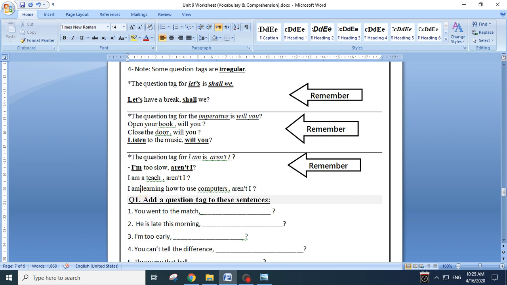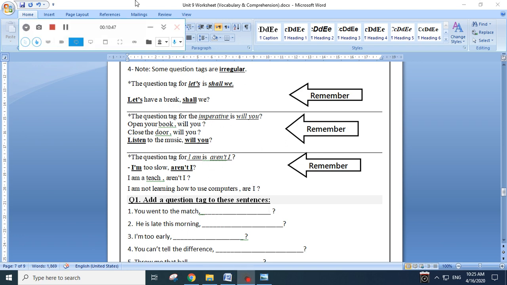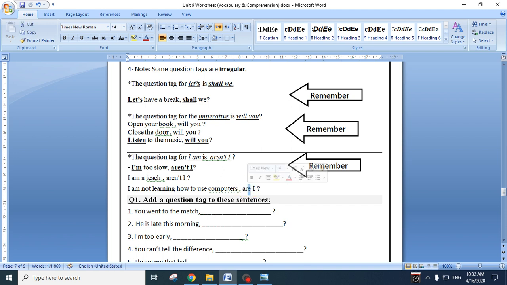So if it is I'm not learning how to use computers, oh, sorry, my bad, it's not are I, it's am I. But if the statement was positive, you have to use aren't I. If it was negative, use am I.